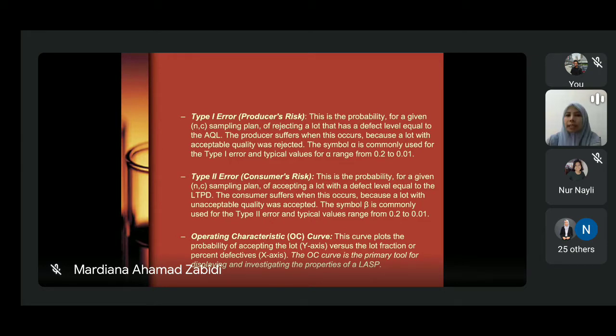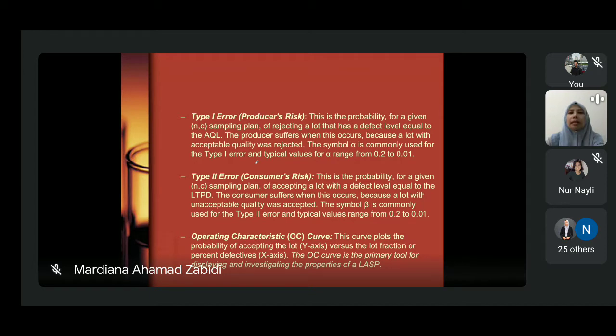Okay, the producer suffers when this occurs because a lot of acceptable quality was rejected, and the symbol is alpha, okay, alpha error. So this one kita panggil sebagai alpha error. Untuk type 1 error ni is an alpha error, commonly being used for the type 1 error, and typical values range from 0.2 to 0.01.